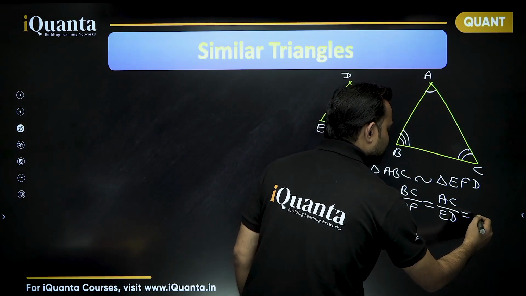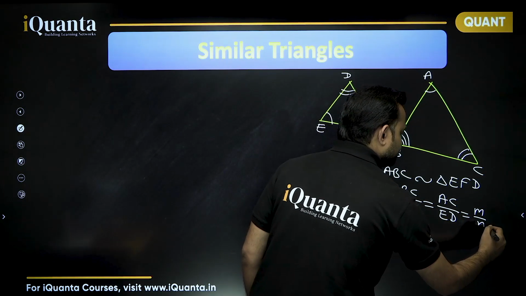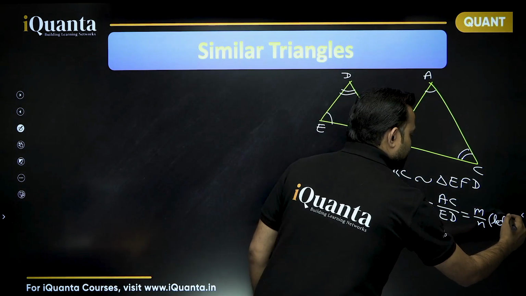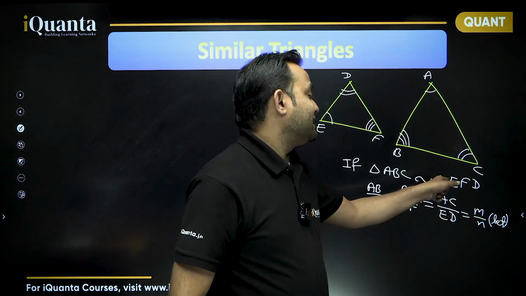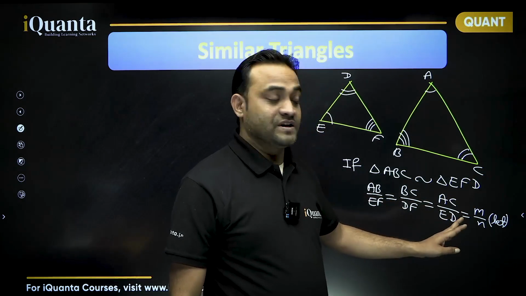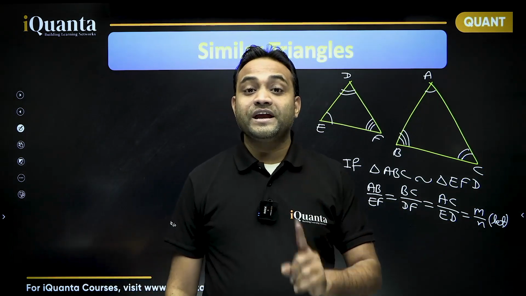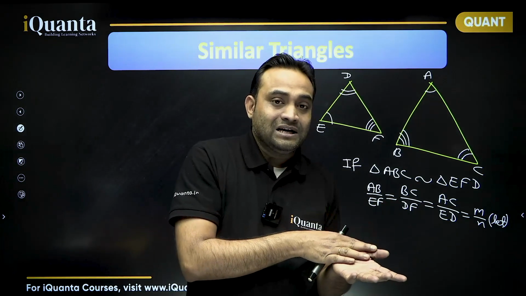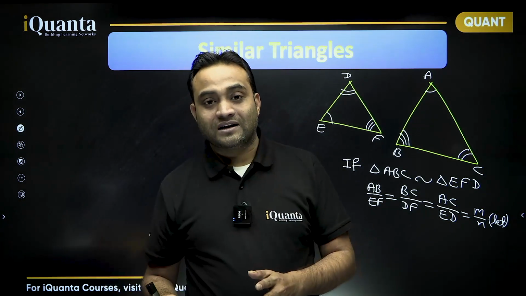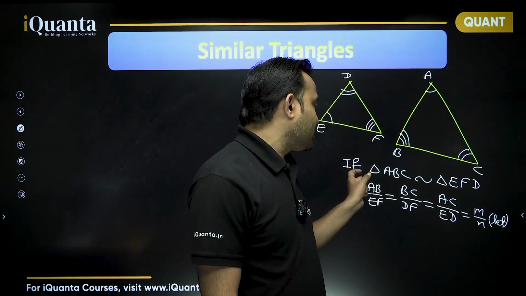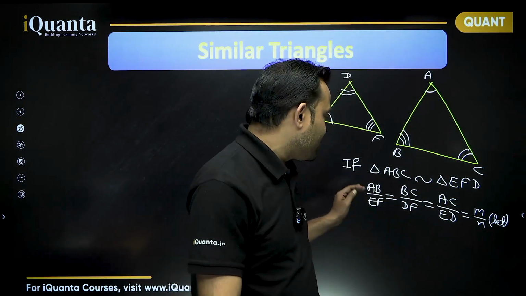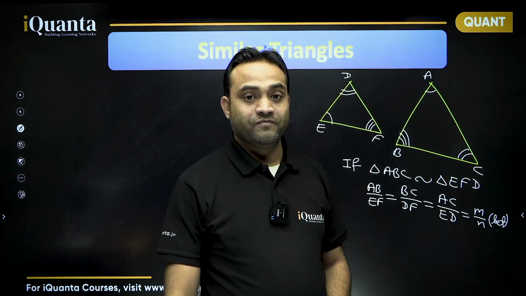This is equal to, let's say, M by N. Now, if you write triangle DEF here instead of EFD, you will get the wrong ratio. So remember that order is very important: if one triangle is similar to another triangle, then the vertices should be in the right order so that you get the correct ratio of sides.